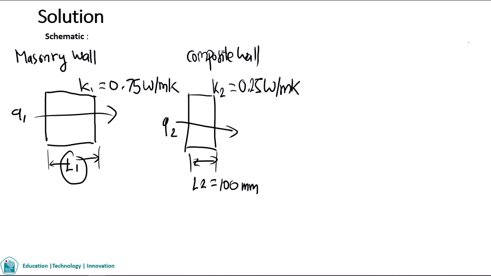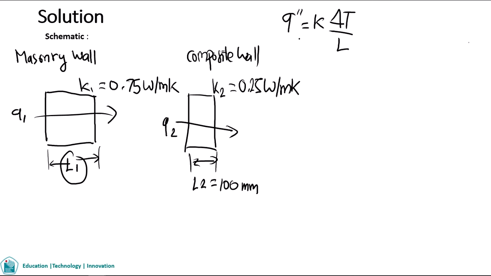So for the steady state condition, the conduction heat flux through a one-dimensional wall follows Fourier's law. We already know Fourier's law: q double prime equals K delta T over L, where delta T represents the difference in surface temperature.